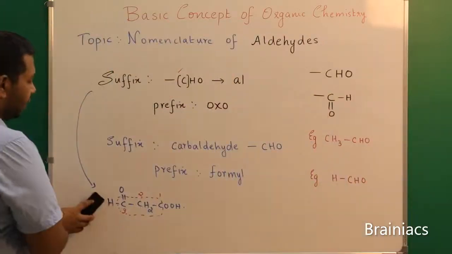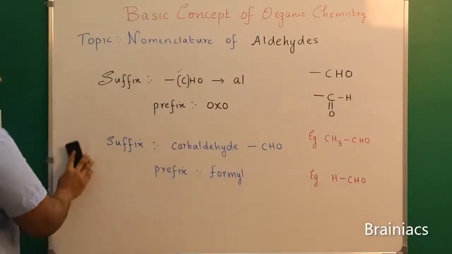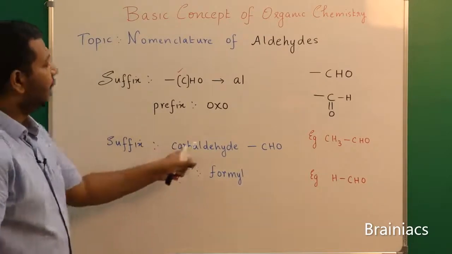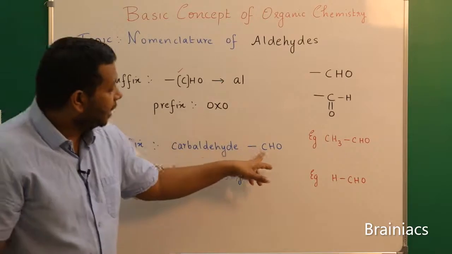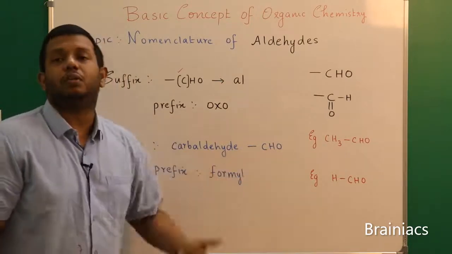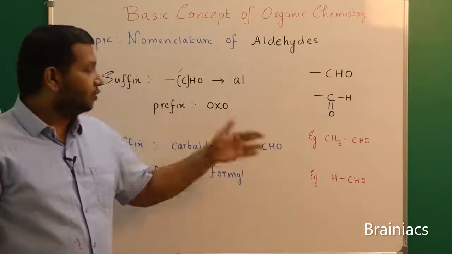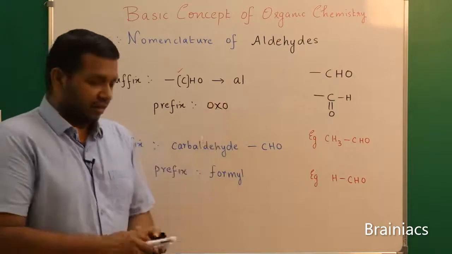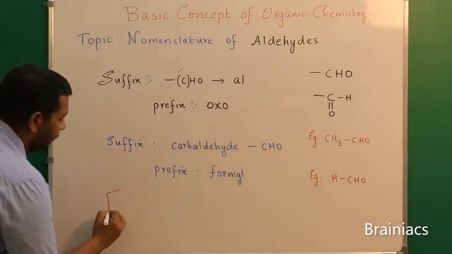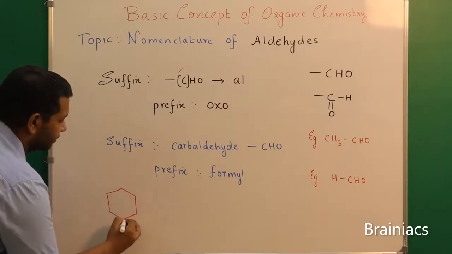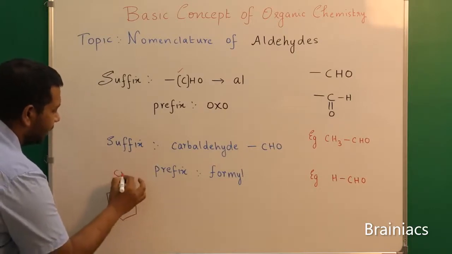In the next case, listen, the suffix used is carbaldehyde. This suffix is used if the carbon atom of the CHO is not included in the parent chain, and this will behave like a functional group. The common example you might be knowing, if the compound is like this. I have given you examples like this earlier.